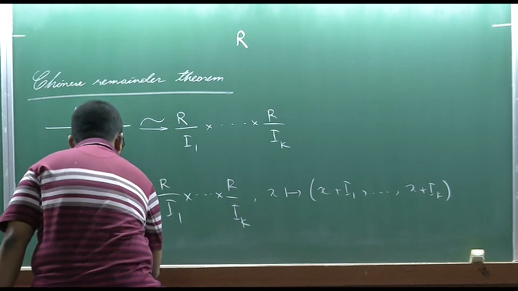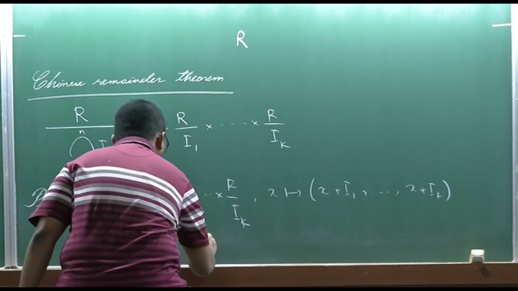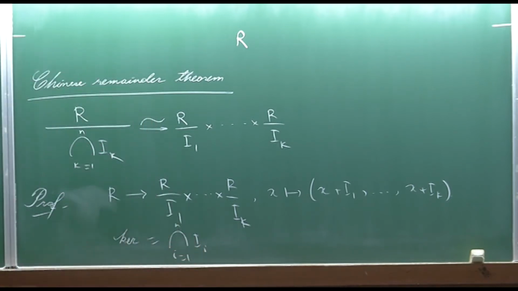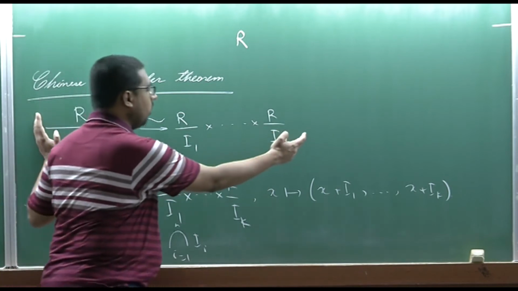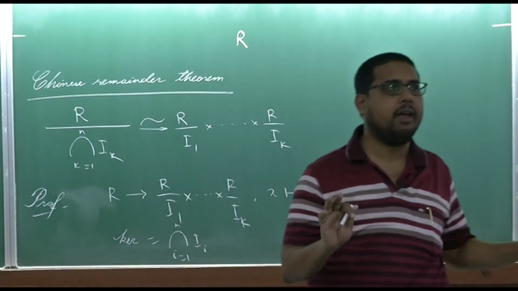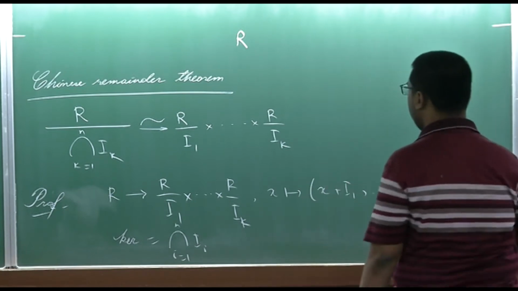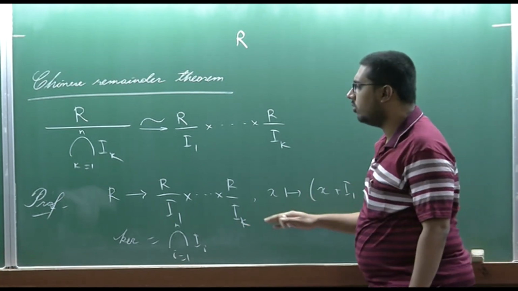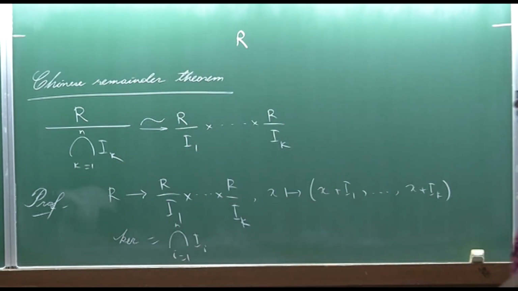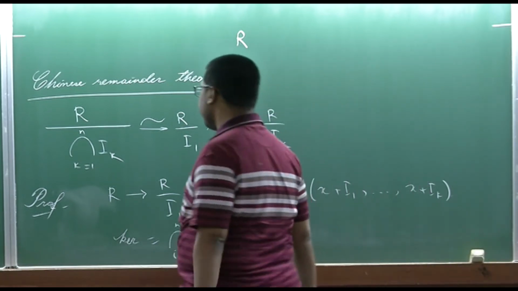Kernel is the intersection of all the Ii's. So, now in view of the first isomorphism theorem, this will follow as soon as we can show this homomorphism is onto. Okay. So, as soon as we show that this homomorphism is onto, then by the first isomorphism theorem we obtain the result. Now, the question is, why is this map onto?